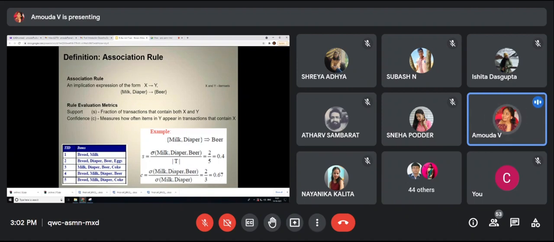If you want, I'll explain this slide again. But now I have introduced support and confidence as measures of association.